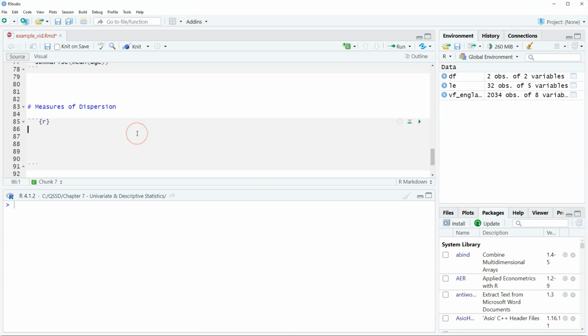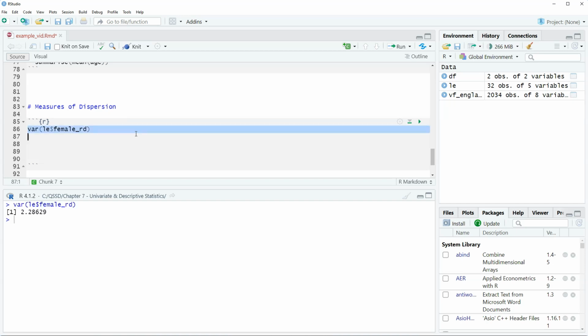To look at this in R, it's very simple. For the variance, we can use the var function. We're going to use the life expectancy data and look at the variance for females, the rounded version.